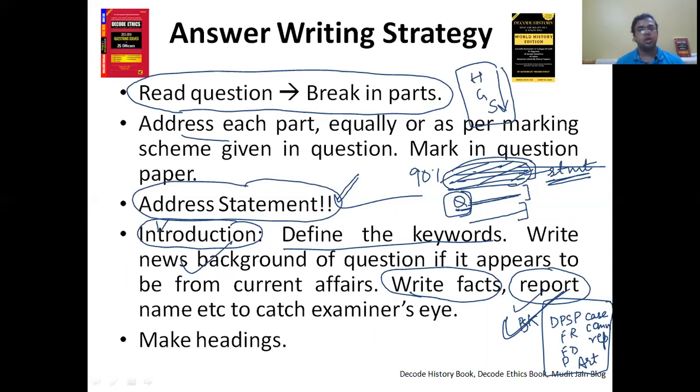The sooner in answer you write keyword, the better, because we have to answer these questions in very strict time limit. Under pressure, we tend to forget to mention keywords. So train your mind, practice such that you are mentioning these keywords that I have mentioned here in the introduction itself, because that is the stage of question where your mind is still working.